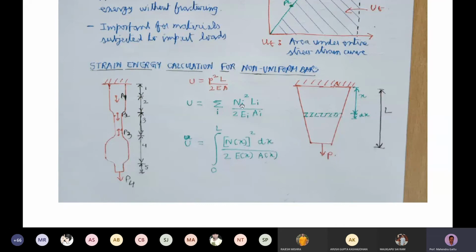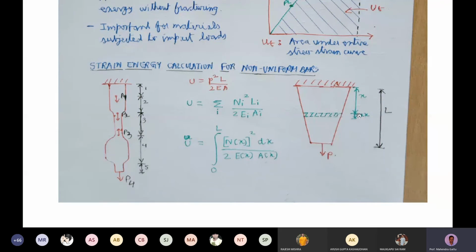So we can cut a small section and see what is the energy stored in that small section. That small section length is dx. So instead of L, we replace it with dx, and for this section there is an axial force N of x and area of cross section A of x.